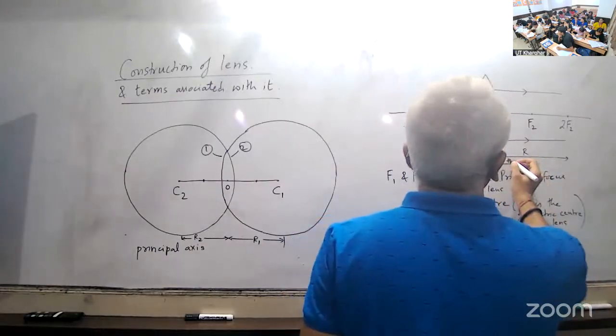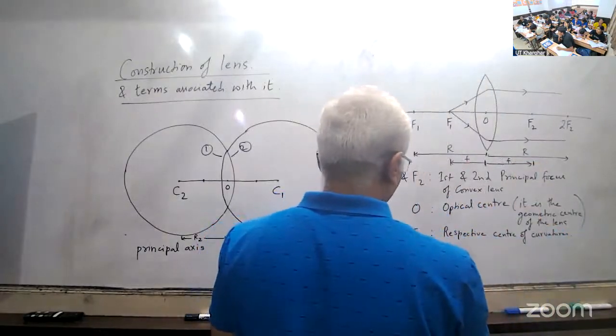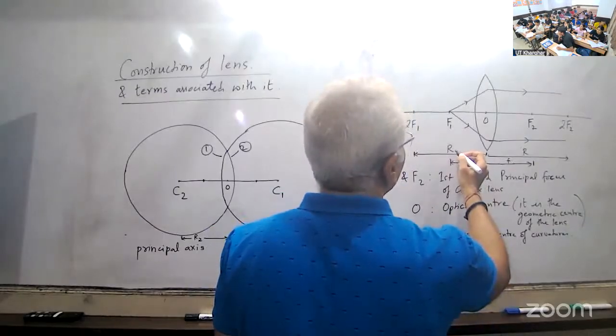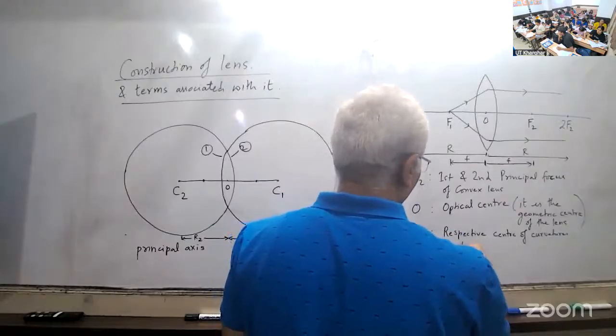Focal length, small f is the focal length. R is the same on either side, so I'm not writing R1 and R2. It is the radius of curvature on either side.